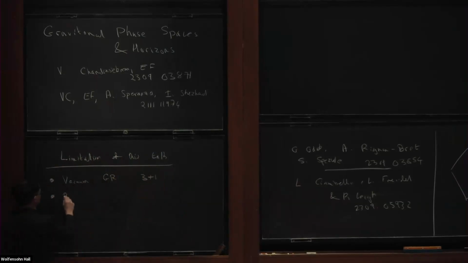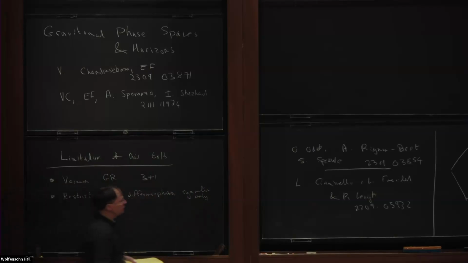I'm talking about symmetries, but I'm restricting to diffeomorphism symmetries only, spacetime symmetries only. There are other important symmetries that can be studied asymptotically even in vacuum GR, but for concreteness I'm going to restrict to this case.